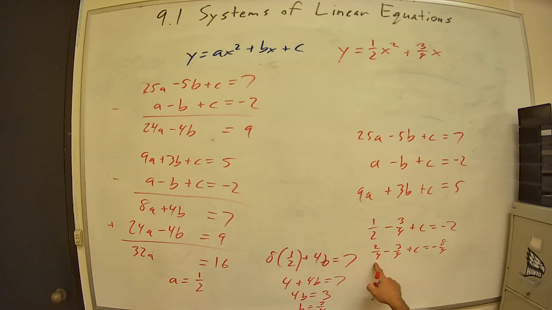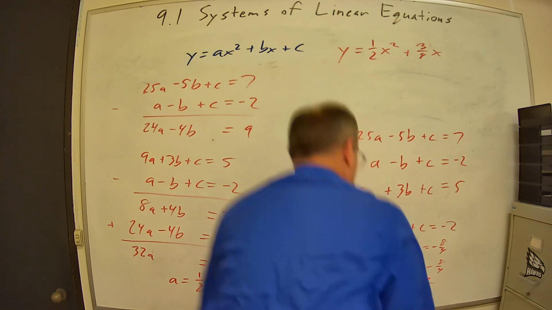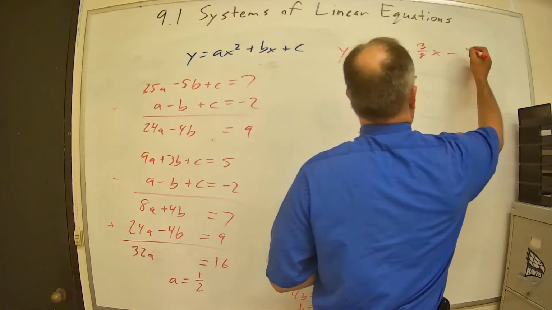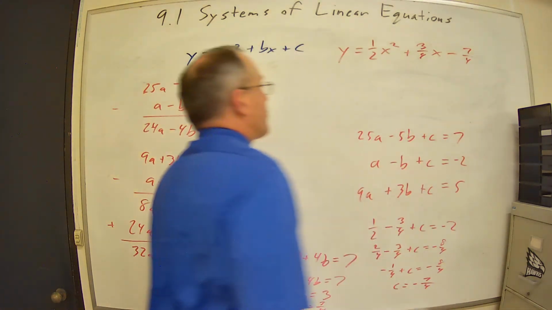So 2/4 minus 3/4 is negative 1/4, plus C is equal to negative 8/4. If I add 1/4 to both sides, C is equal to negative 7/4, minus 7/4.